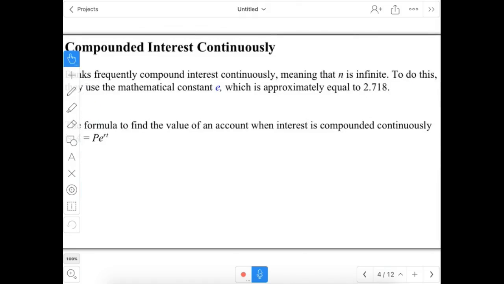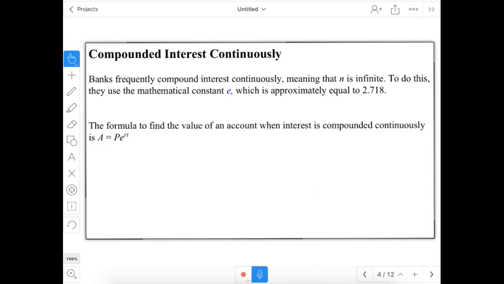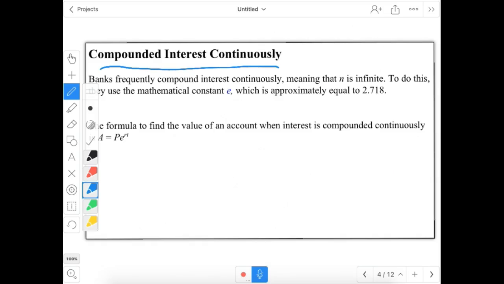Okay, now the second scenario that we might have, still dealing with money and accounts, would be if we are compounding continuously. So in our last equation, that would be if it's compounded quarterly, like our problem, it could be weekly, yearly, biannually, which would be 2 times, and so on and so forth.